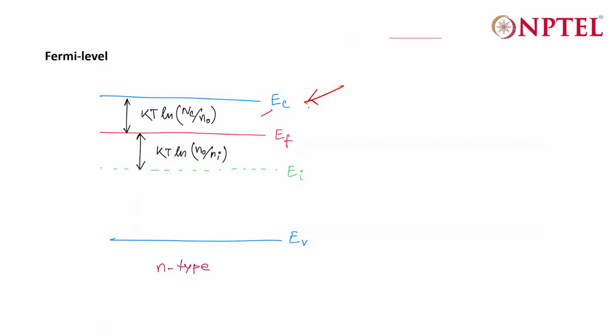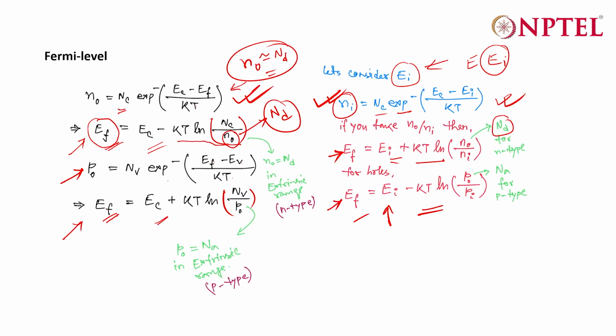Okay. So you can see that for a certain concentration, the EF is somewhere for n-type. So for n-type, you will find EF is closer to Ec and above your intrinsic energy level. Now from the expression itself, this particular gap is nothing but kT ln Nc by N0.